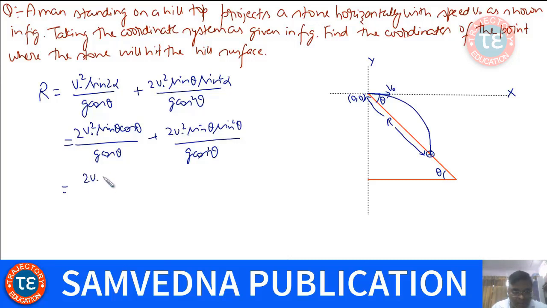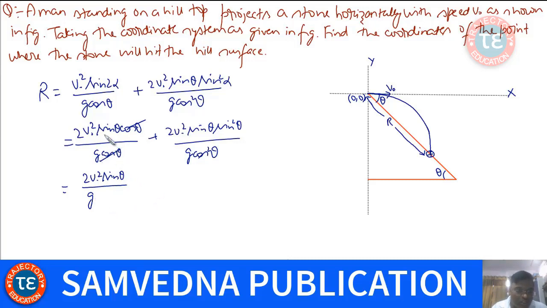Of previous you can take something common also. This will be 2 v0 square, and sin theta can be taken common upon g. Cos theta and cos theta will cancel out, right?